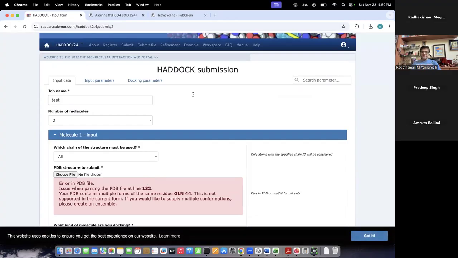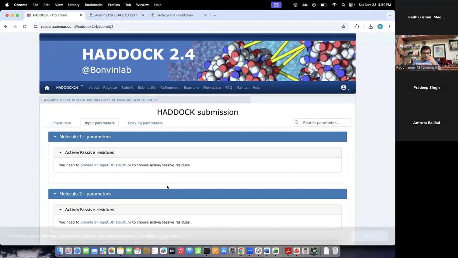Okay, so there was a very poor structure that I took as an example, but let's go to the next part. I'll tell you what this is.